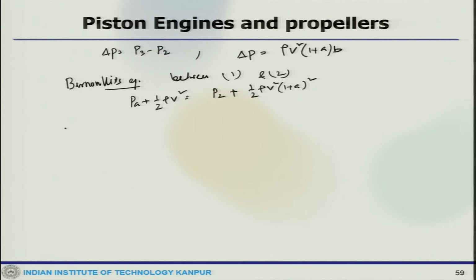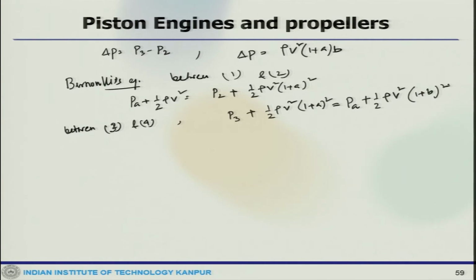Similarly, we apply Bernoulli's equation between 3 and 4, that gives me P3 plus half rho V square (1 plus A) square equals P1 plus half rho V square (1 plus B) square.